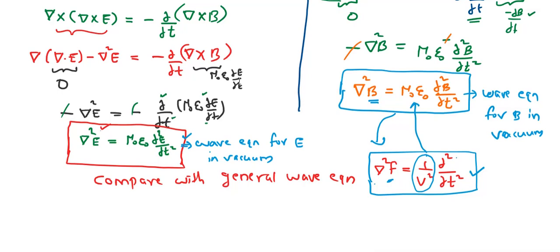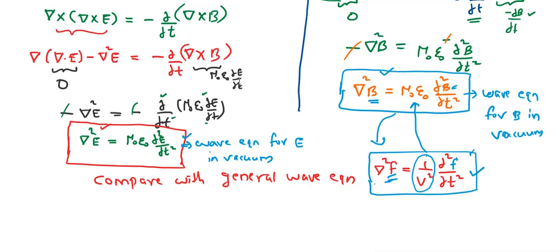Instead of F, here we have B, because this is an equation for B, and that is the equation for F. Both have a similar form.